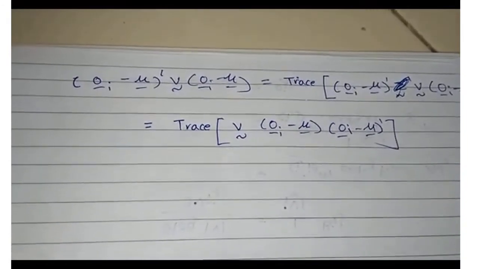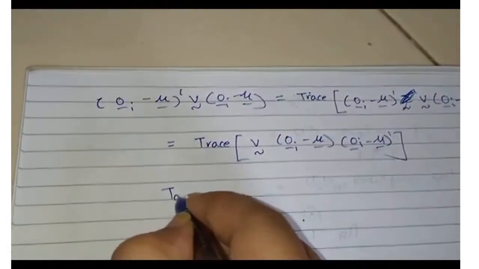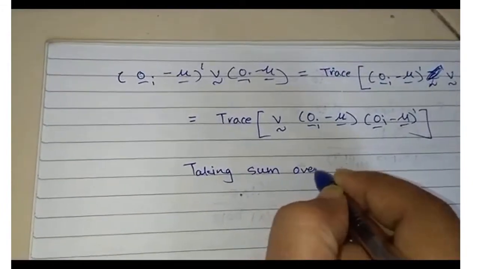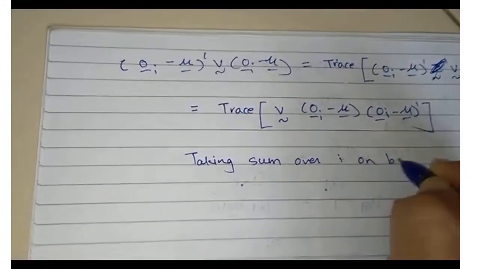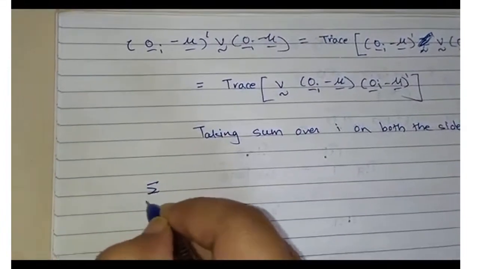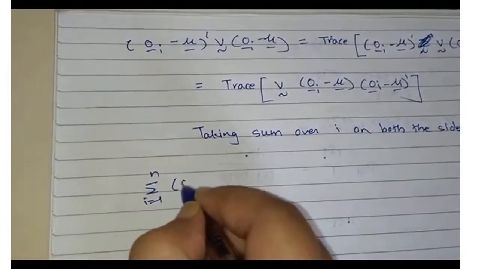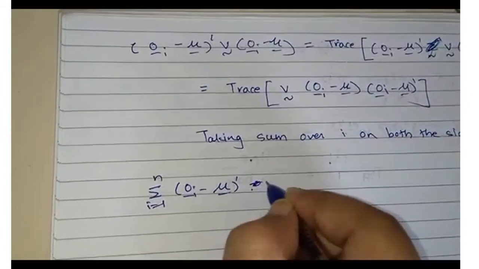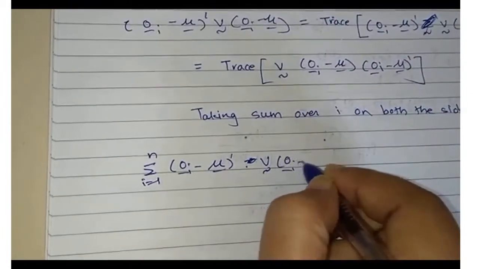So now taking the sum over i on both the sides, what I get is the sum over i going from 1 to n of y minus mu prime V y minus mu.